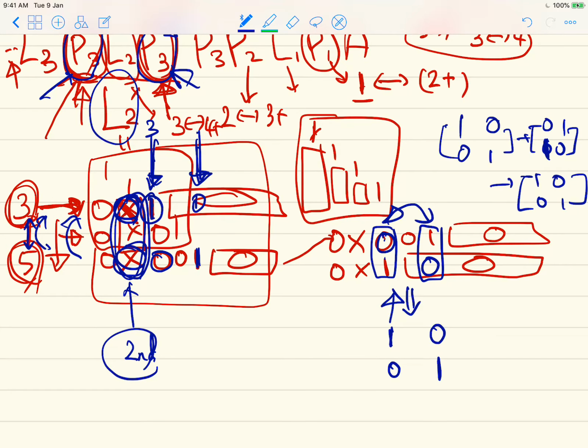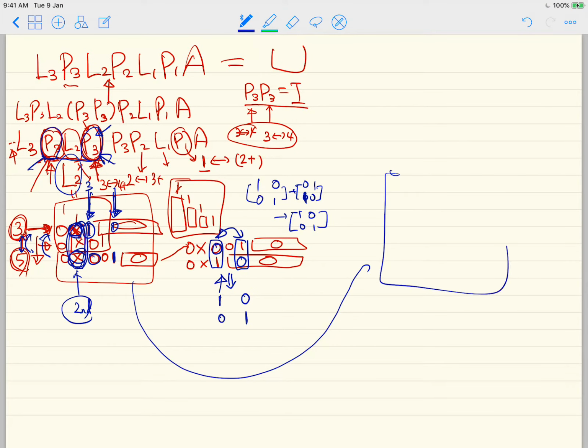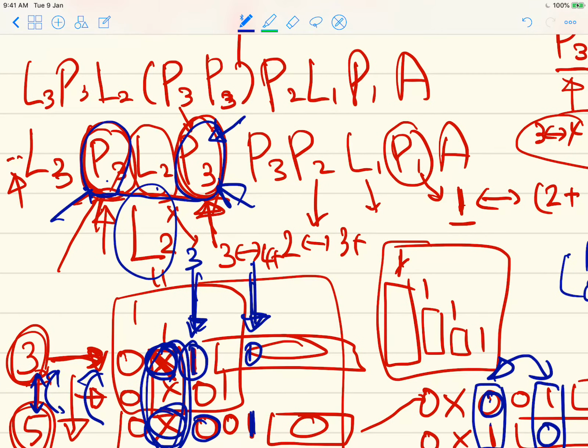So in that sense, even if we consider P3, L2, and P3, this will still maintain the original lower triangular structure, where we have the identity matrix, and then for L2 we have some non-zero entries. It only has the effect of changing those two elements, and all the other structures will be preserved, so we can view it as our new L. That way P3, L2, and P3 can be written as L2 prime.